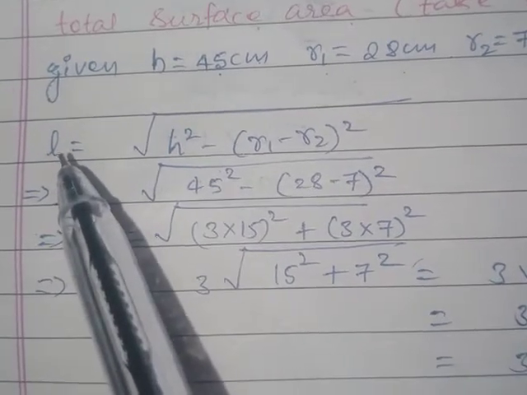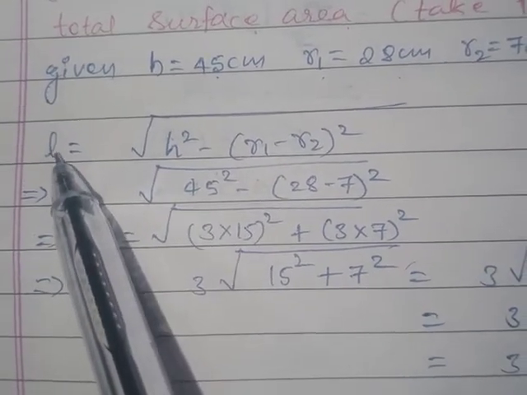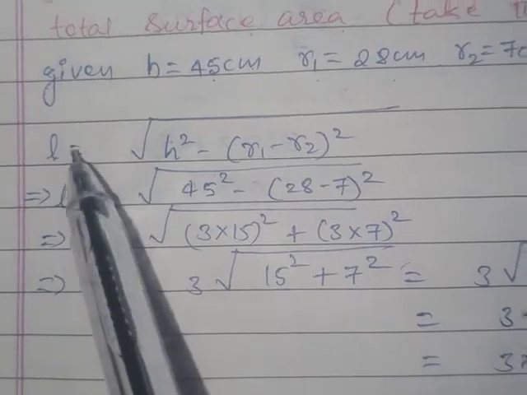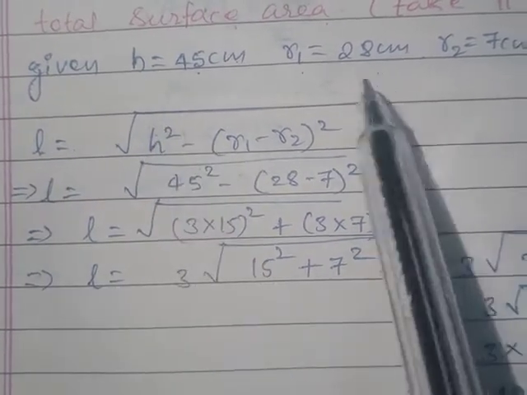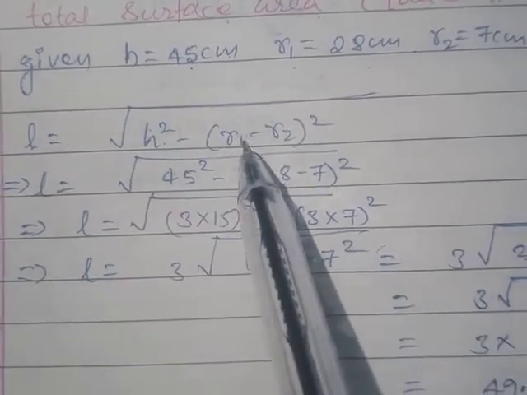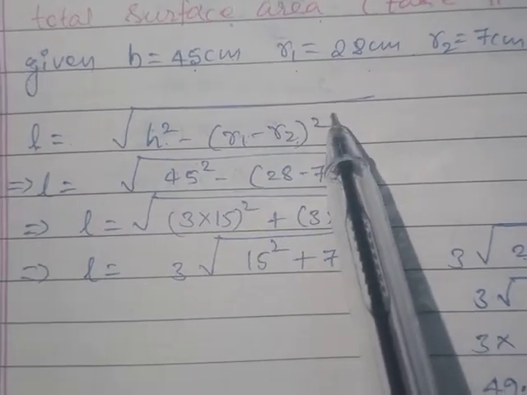Observe here, the formula to find the slant height of the frustum of a cone is L is equal to square root of h square plus (r1 minus r2) whole square.